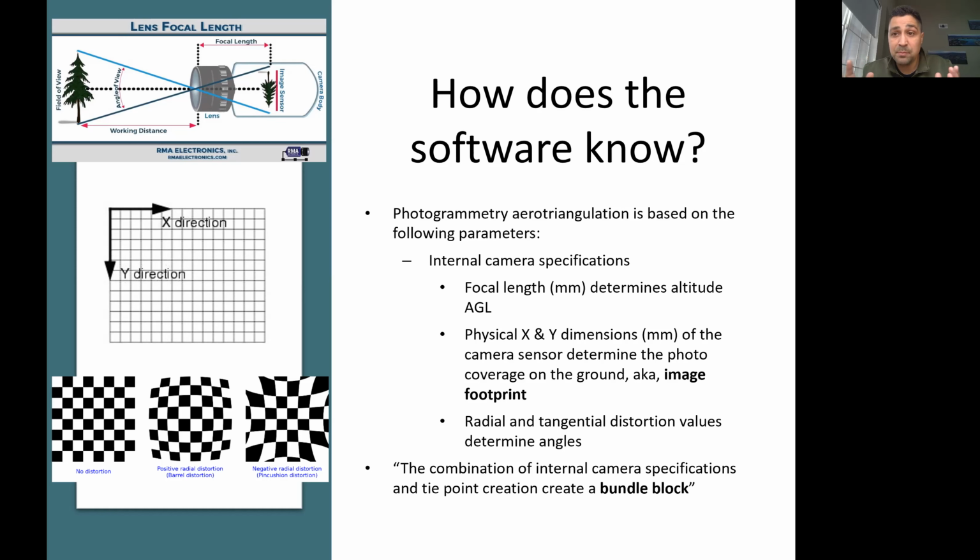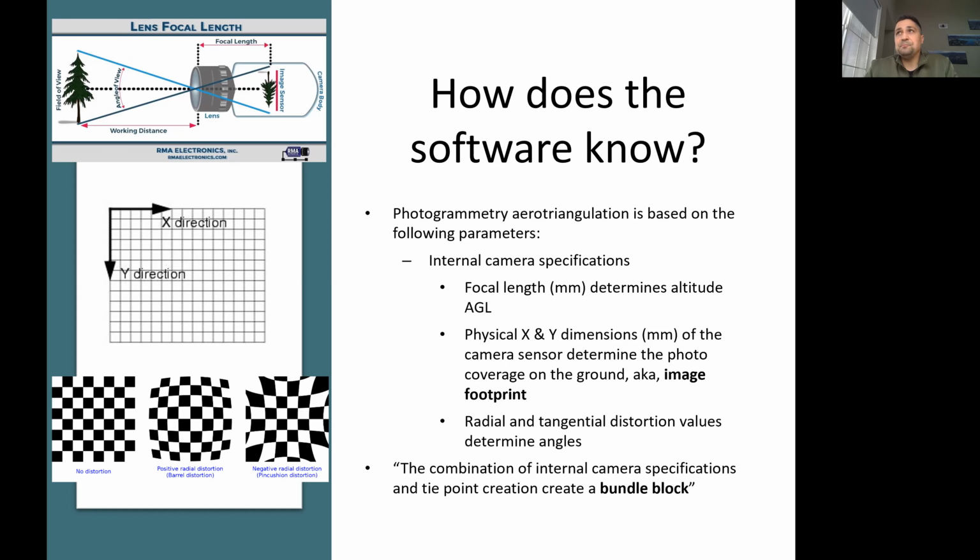And it also looks at how many pixels exist in that sensor. Megapixels, we'll get into that in a minute, but that plays a role in this whole technique. And then the last part is called the distortion values. There's radial and tangential distortion values, and those are going to determine various angles.